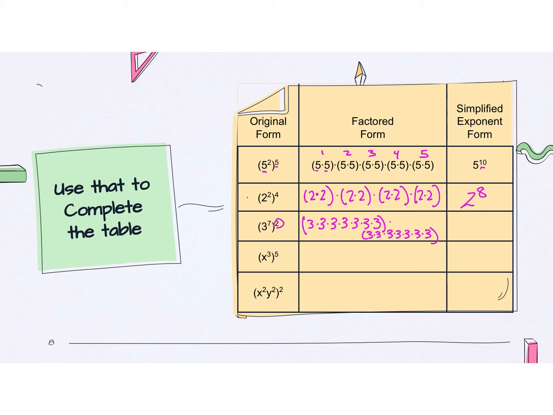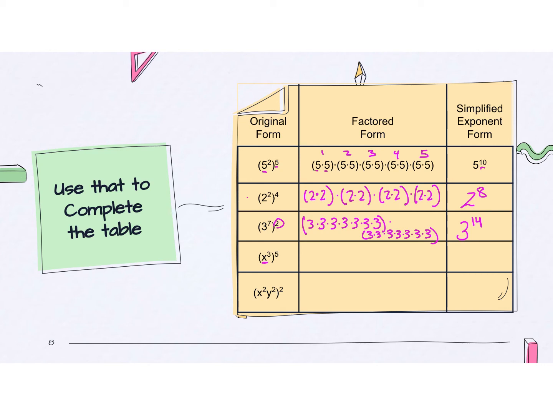Okay. I have 2 groups of 3 to the power of 7. 1, 2, 3, 4, 5, 6, 7, 8, 9, 10, 11, 12, 13, 14. I have 3 to the power of 14. Fabulous.